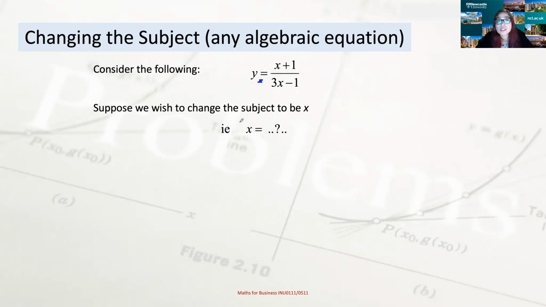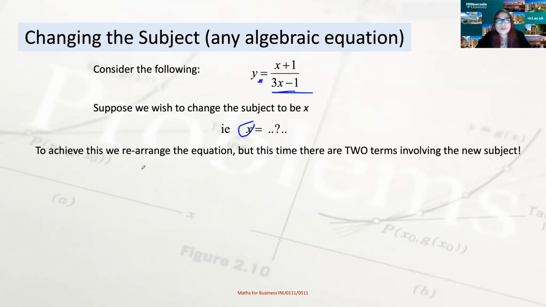So suppose we wish to change the subject to X. I want X on the left-hand side. What am I going to do? First step, get rid of the denominator. I'm going to achieve this by rearranging the equation, but this time we have two terms, so you have to be careful.